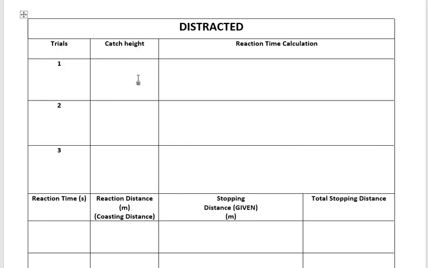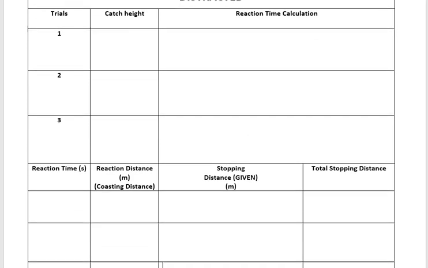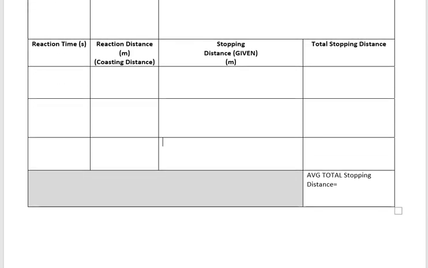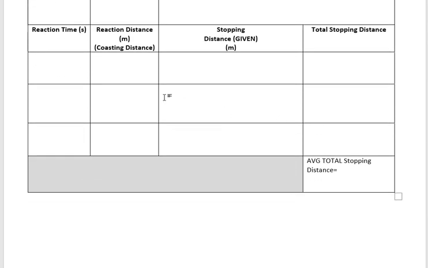reaction times. So you have your 3 heights that you worked on. You have your calculations for your reaction times here. And then in this part of the table, just like for the undistracted, you're going to put your reaction times here. Calculate your reaction distance in the same way.